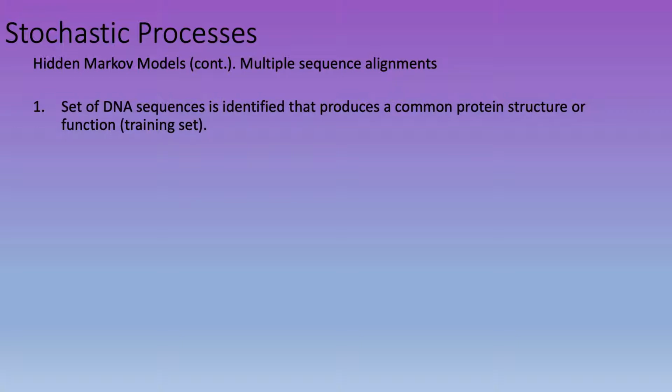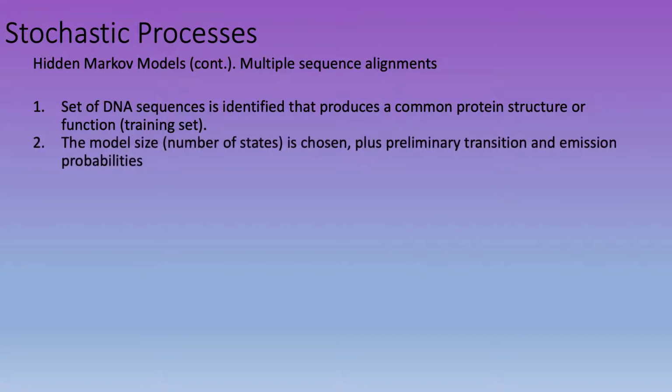So if we think about how we apply this approach to multiple sequence alignment, usually what happens is we have a set of DNA sequences that we've identified that produces a common protein structure or function. And so we get a set of initial sequences that we call our training set. So ones that we know are associated with the thing we're looking at. And after that, we would then set the model size, or the number of states, and any preliminary estimates we have for transition and emission probabilities.